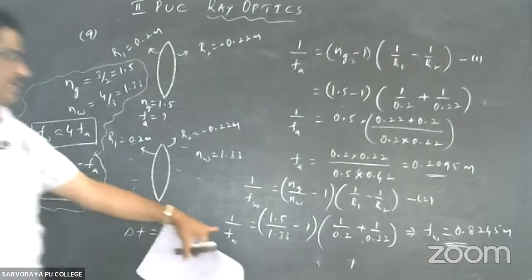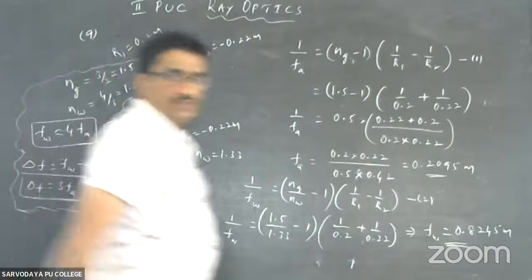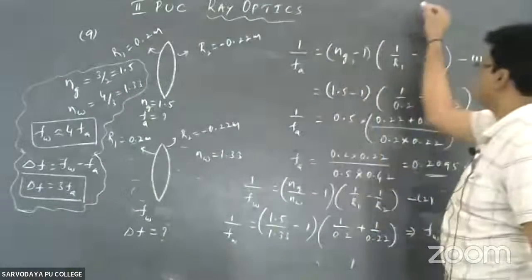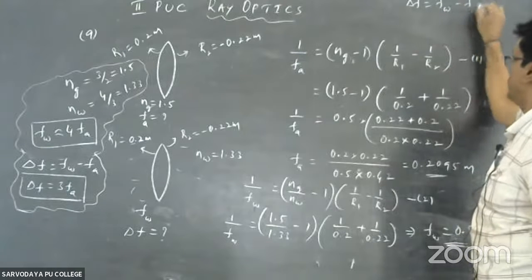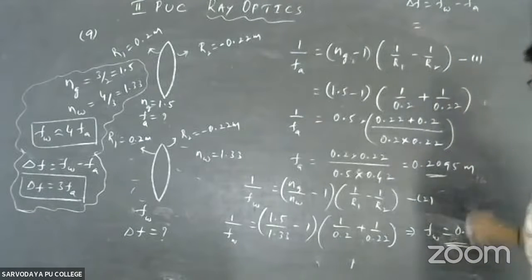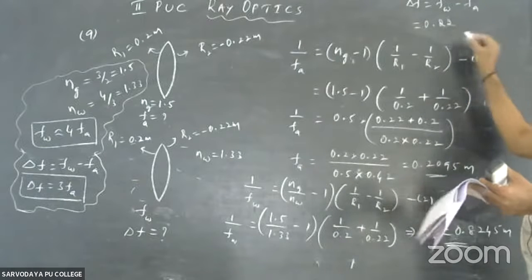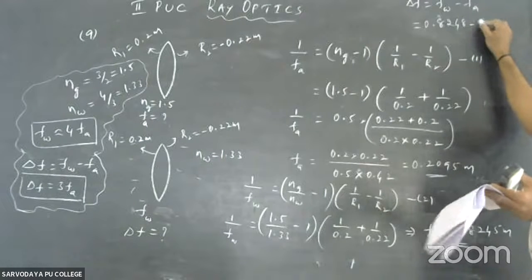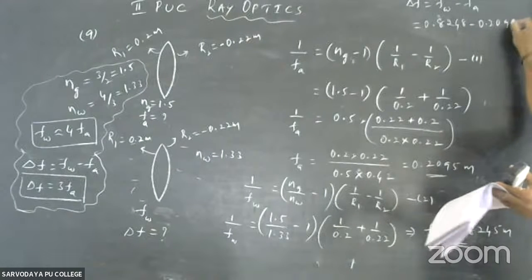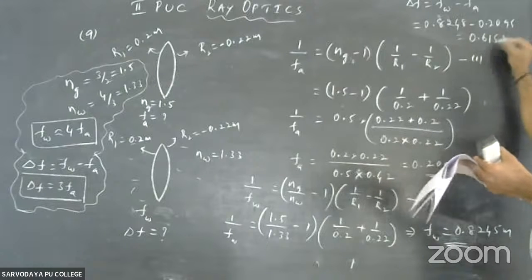Okay. But let us here find out the same delta F. If you consider its focal length in water minus focal length in air, which is 0.8248 minus 0.2095, this is 0.6153.